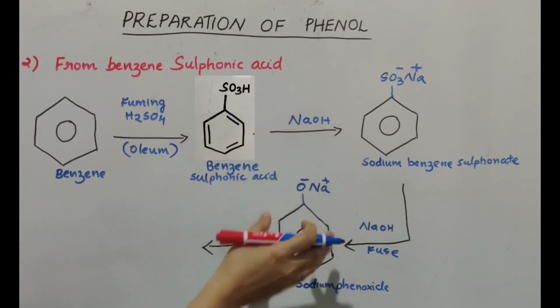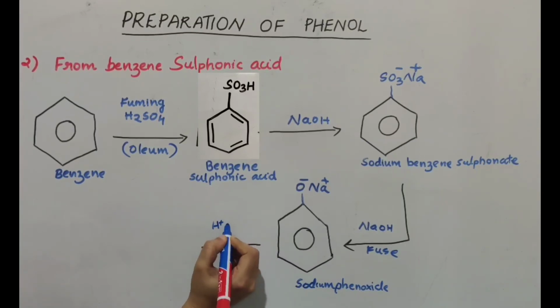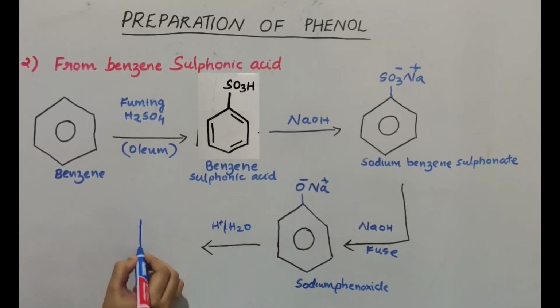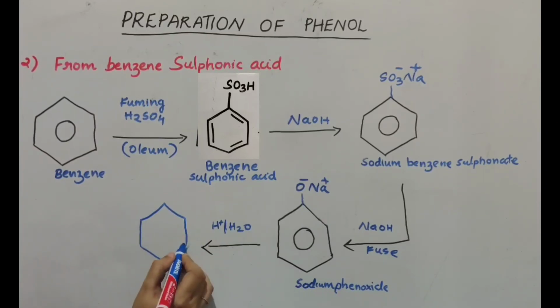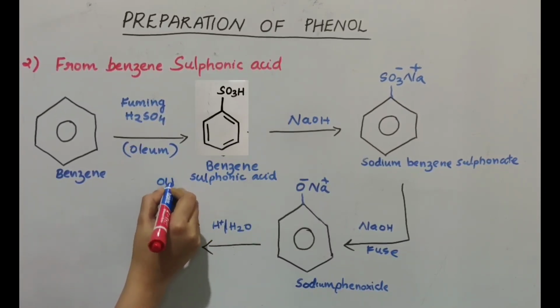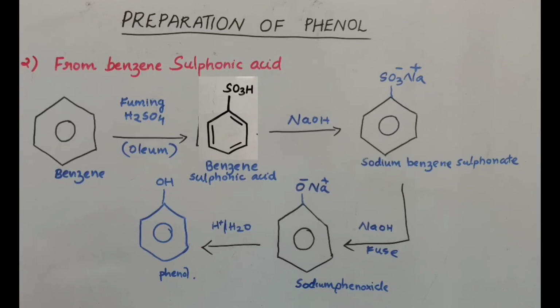Now the last step is the acidification of sodium phenoxide. We get our product, phenol. These are the steps involved in the preparation of phenol from benzene sulfonic acid.